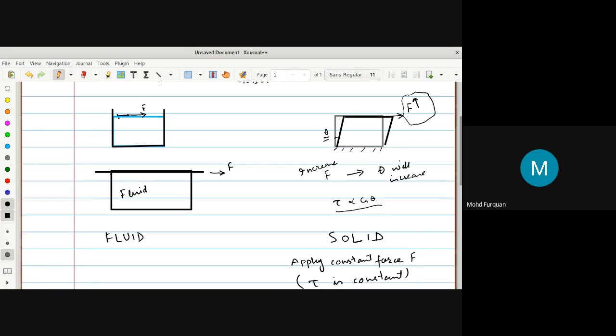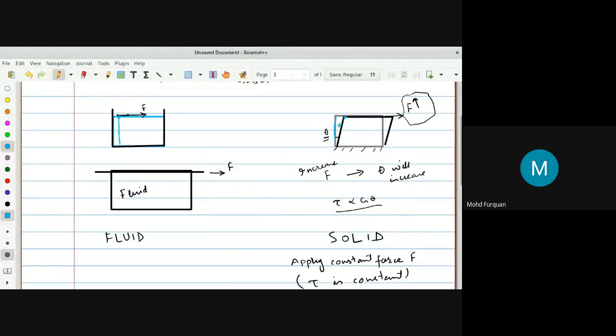But that is not the case with fluid. Consider the portion of fluid along this line. In case of solid, the solid which was along this line changed to this line.